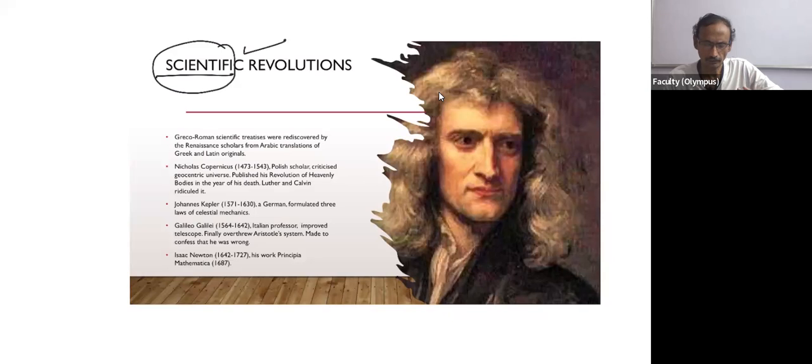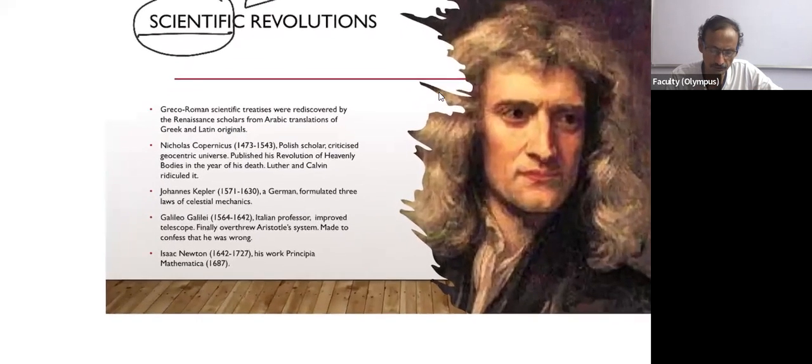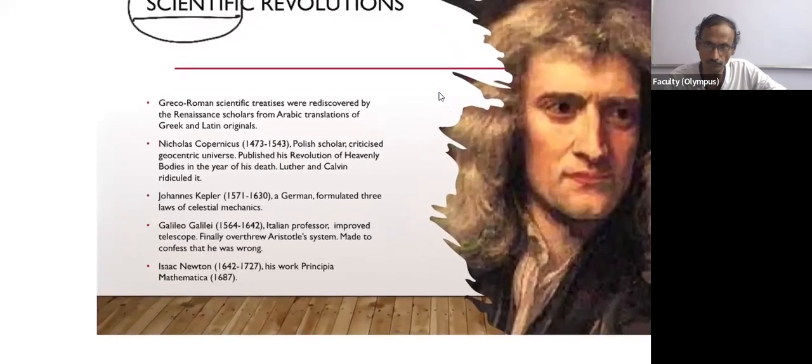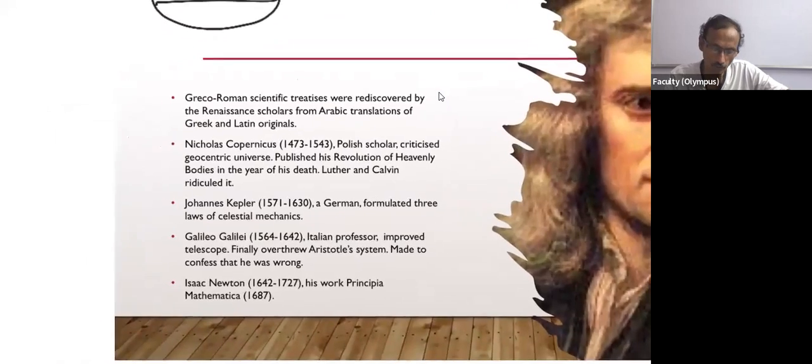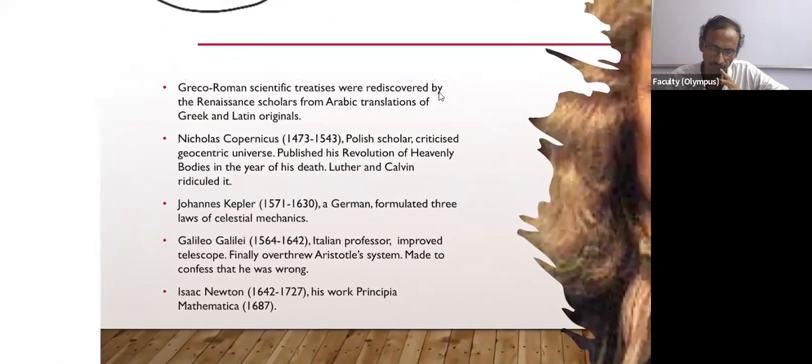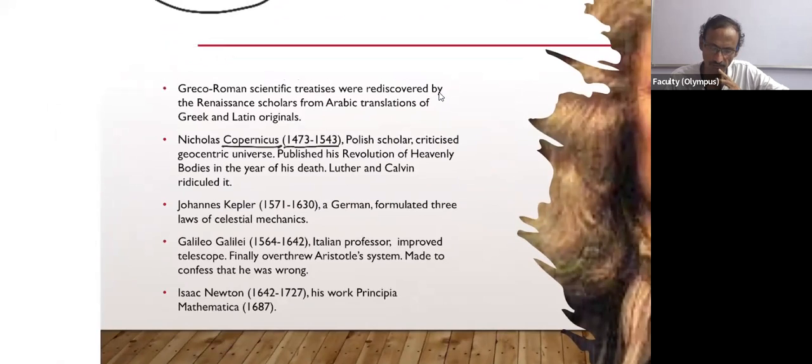And one very important person in the scientific revolution was Copernicus, 1473 to 1543, from Poland. He criticized geocentric universe.